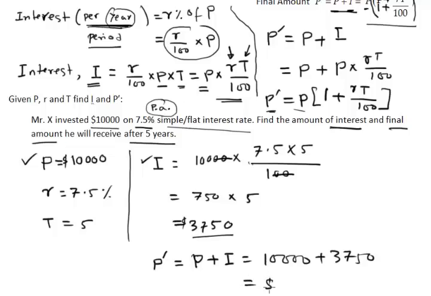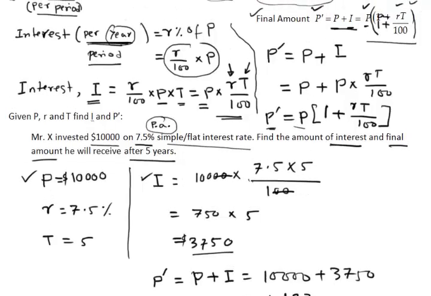So altogether the final amount will be $13,750. So in this whole relation we were given P, R and T, that is initial amount, interest rate and time period, and we found capital I, that is the interest amount, and the final amount.